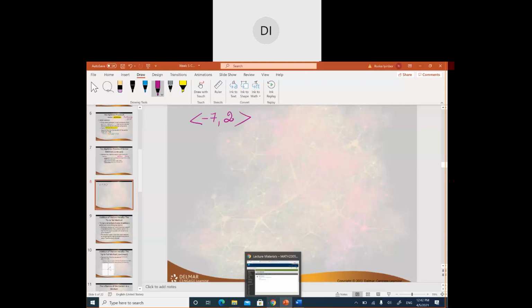Okay, negative 7 and 2. Let's pick those two numbers. This is in rectangular, right? So we're going to go to polar. First I need to find the magnitude of the vector v, which is the square root of negative 7 squared plus 2 squared.